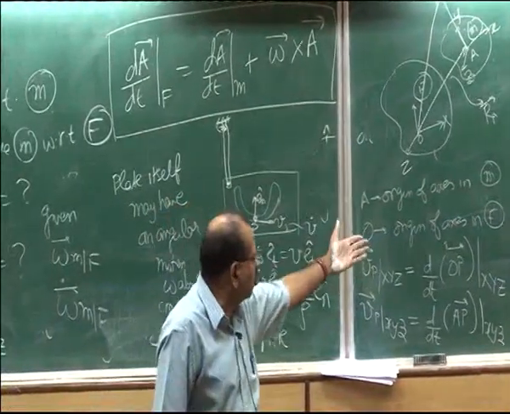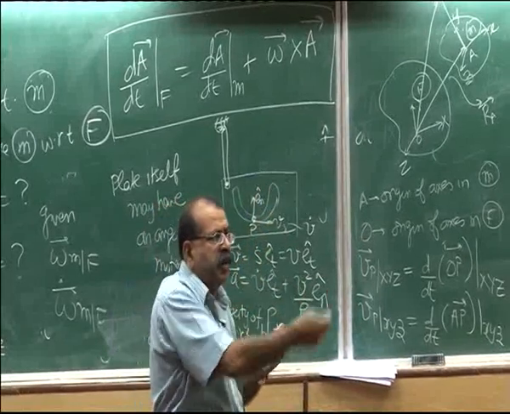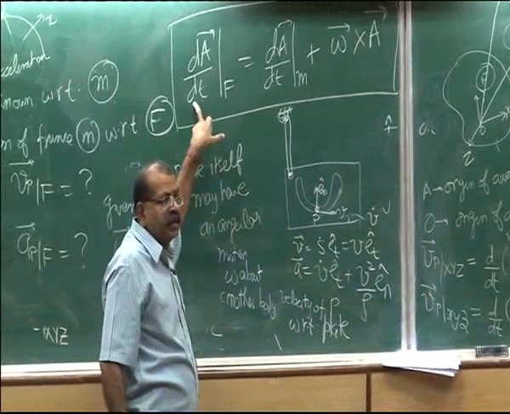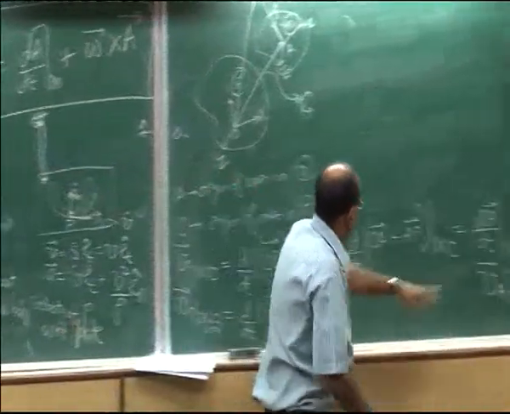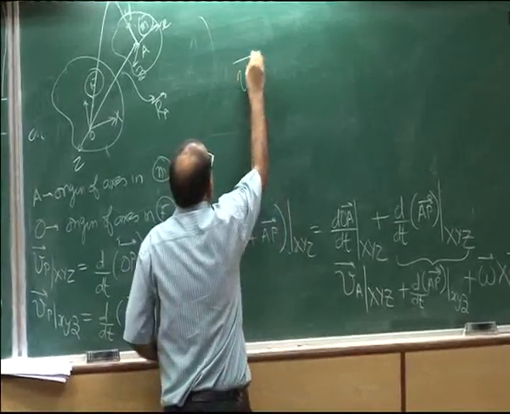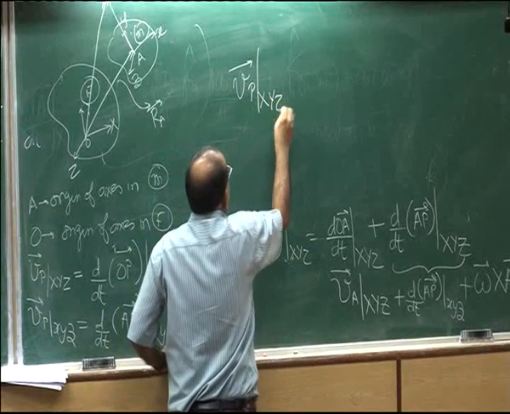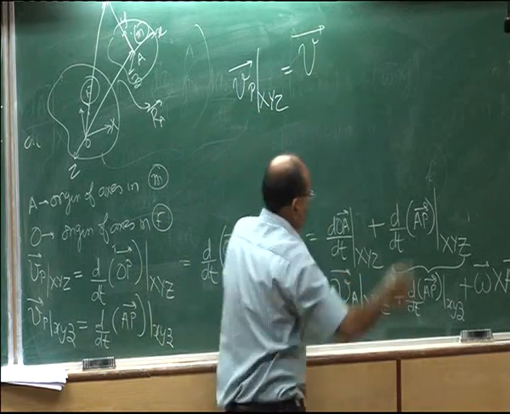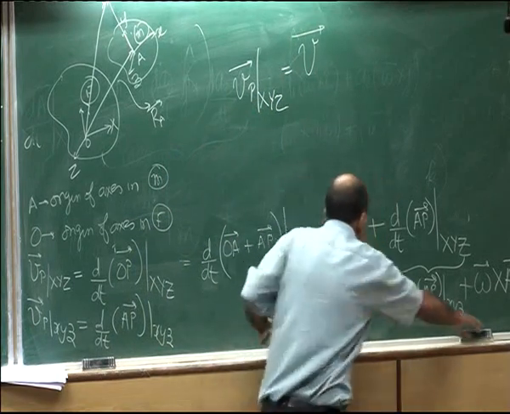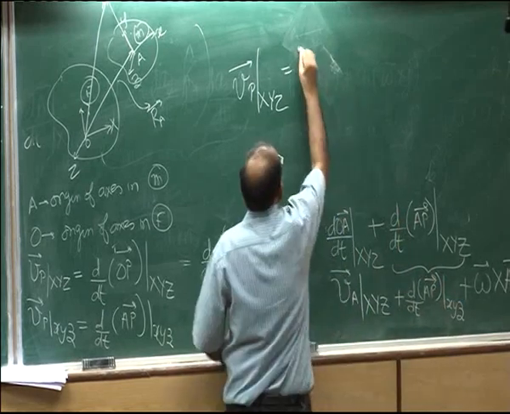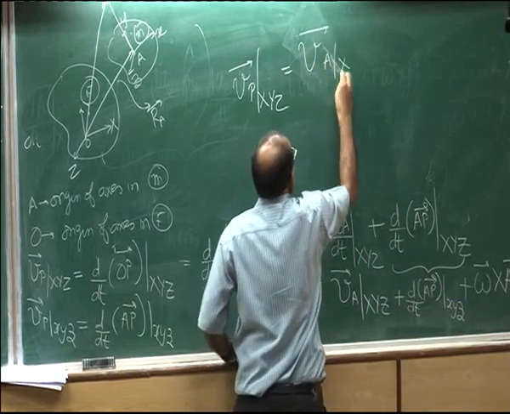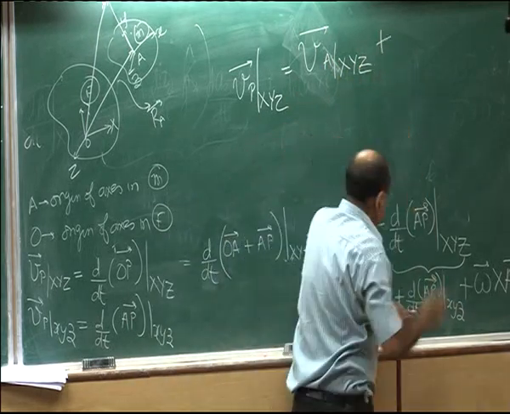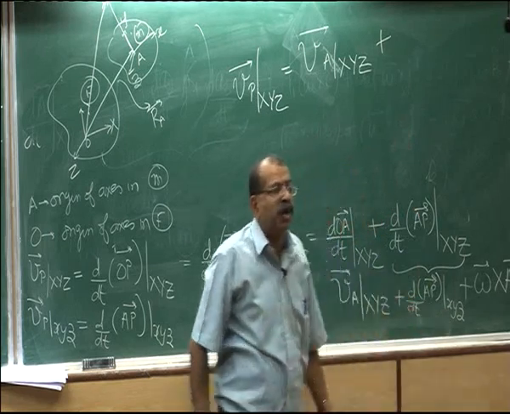Is this clear? Because the quantity AP we don't measure with respect to capital XYZ, so there I use this formula. Therefore what I get is velocity of P with respect to capital XYZ equal to velocity of A with respect to capital XYZ plus the second term. What is d by dt of AP with respect to small xyz?